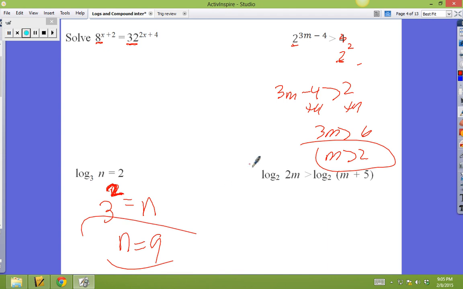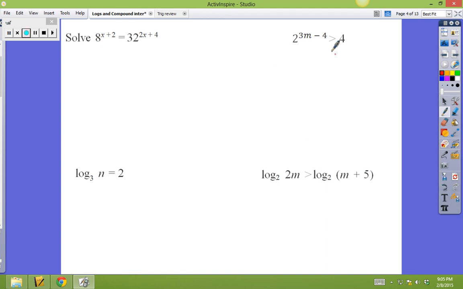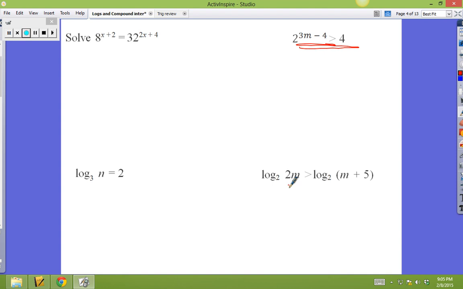Okay, now this one is kind of the same as these guys up here, except for the inverse. So now on the left side I've got a log in base 2, and on the right side I've got a log in base 2. So if I've got a log in base 2 and a log in base 2, those are already equal. So I'm just going to worry about what we're taking the logs of.